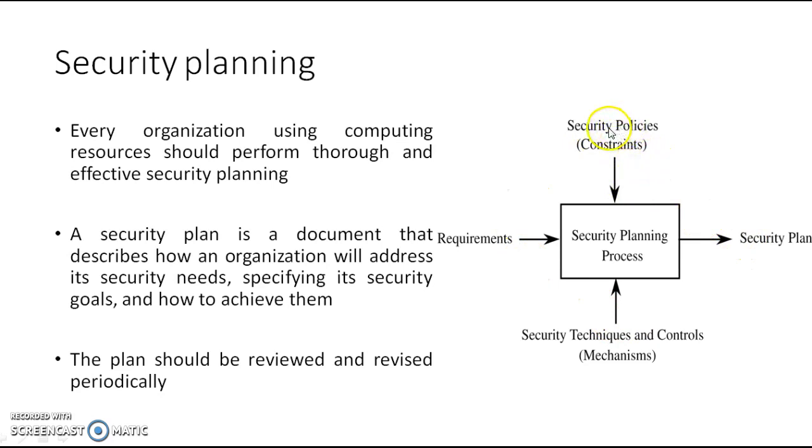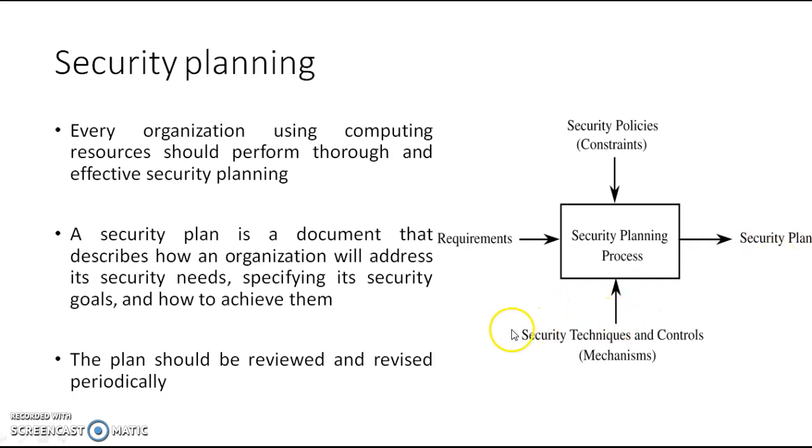At the top is the security policies, meaning the constraints we must enforce for ourselves, our employees, our machines, our networks, and our databases. On the right-hand side is security planning, meaning how you can make your whole organization's system secure so that future attacks can be blocked.